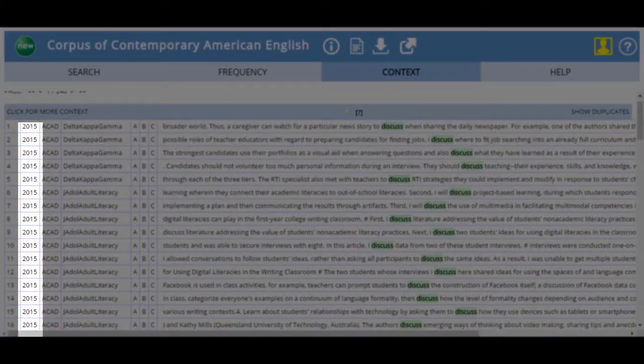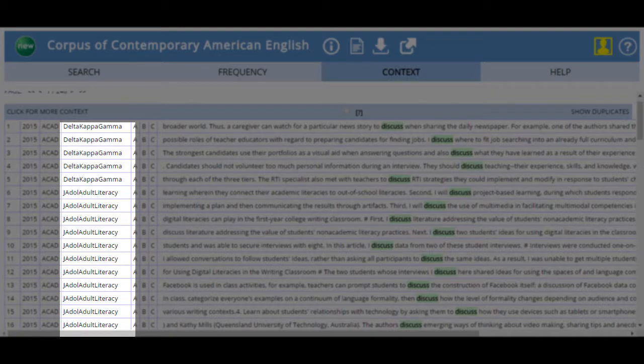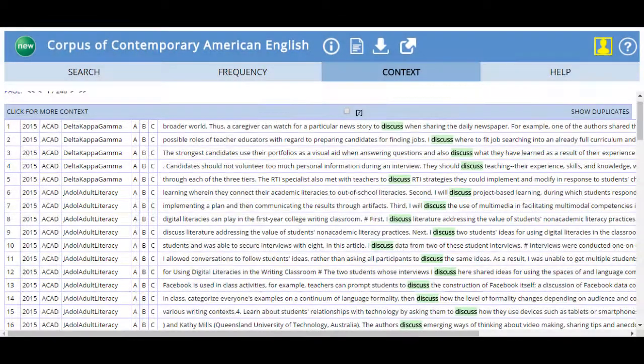I can see the date of publication and the journal in which this word is used. This may or may not be important to me, depending on what type of information I'd like to glean from the corpus. If, for example, I want to look at how a particular word is used in a particular journal, then I might want to focus on this information more.